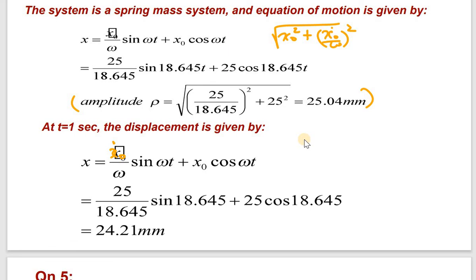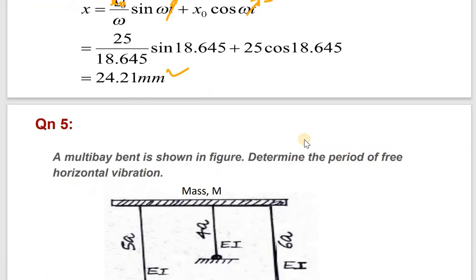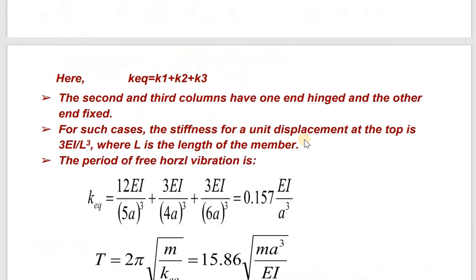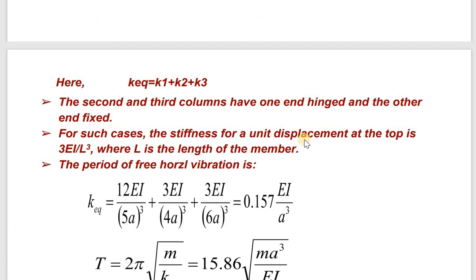In this I can apply t is equal to 1, substituting omega, which we have found out as 18 point something. From that I can find out x. If some day you need to find out for t is equal to 5, for example 5 seconds, then instead of t we will apply 5. That is the only change. So that is the way in which we can find out the value from these equations.